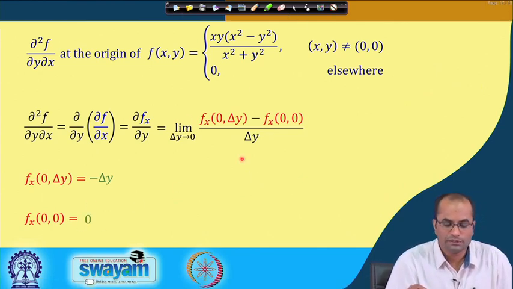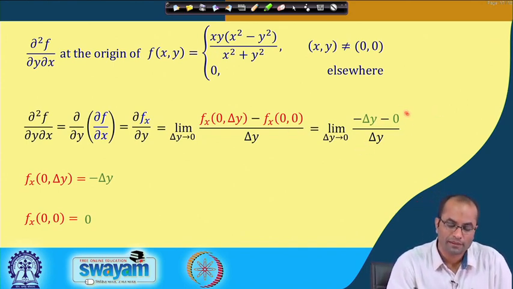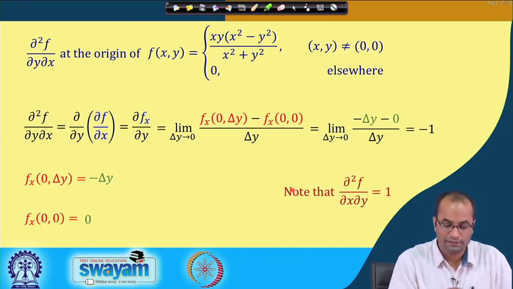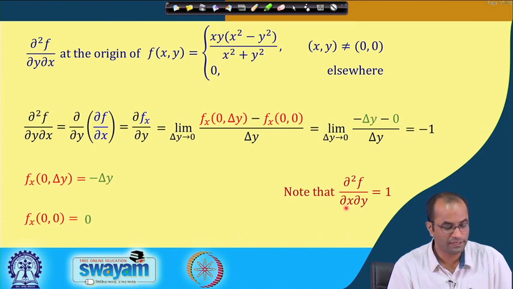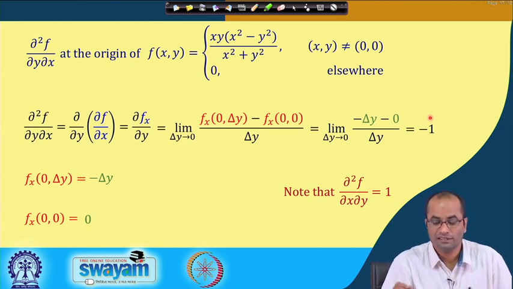Now, we will substitute here. So, minus delta y minus 0 over delta y, and this limit, this delta y gets cancelled, and we will get minus 1. Note that earlier we got in the previous slide del 2 f over del x del y, which was 1, and now we got del 2 f over del y del x, which is minus 1.